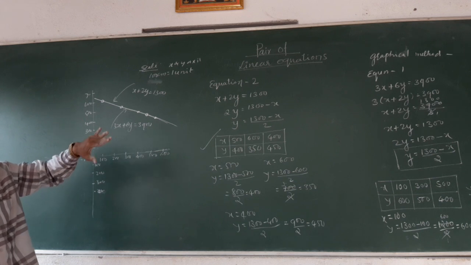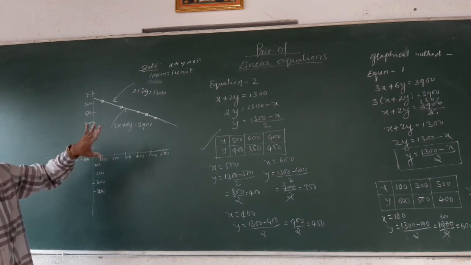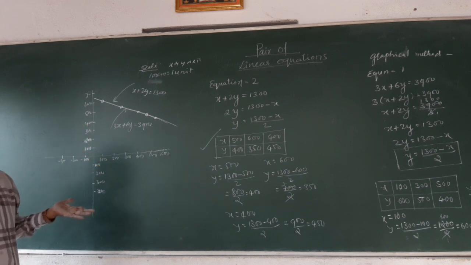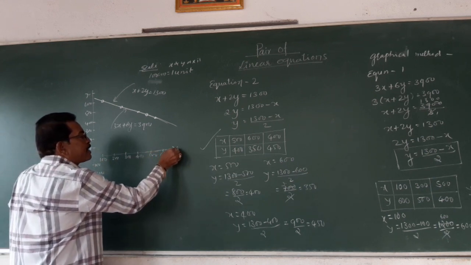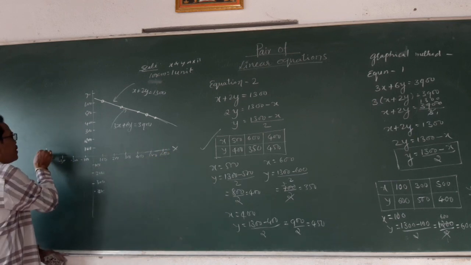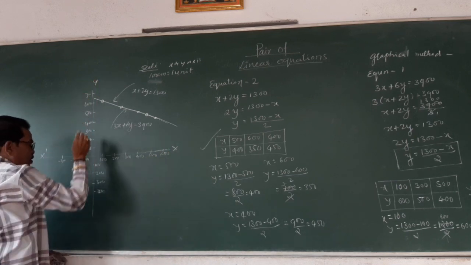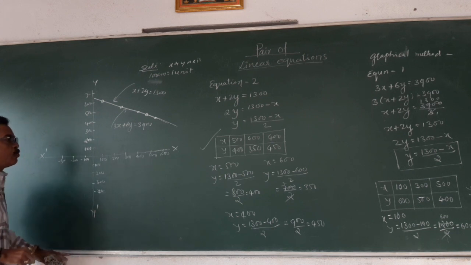So to represent graphically, one more question is remaining in that textbook. Let us solve that one tomorrow. But you should represent the graph in the proper way. The x-axis, x and y, everything should be written.